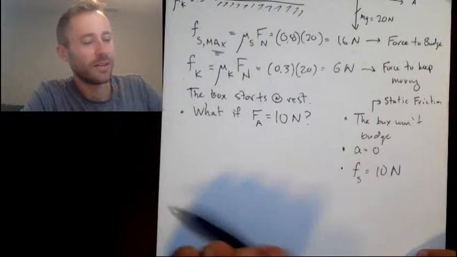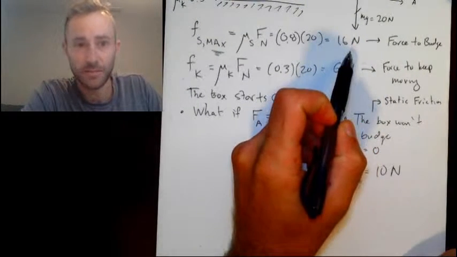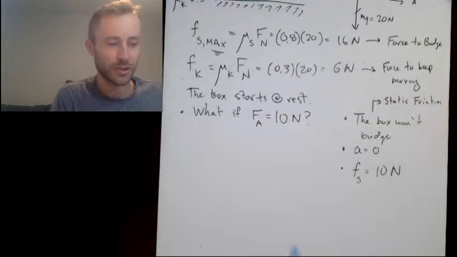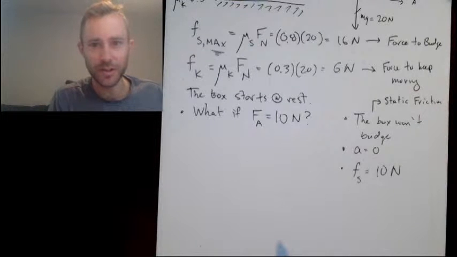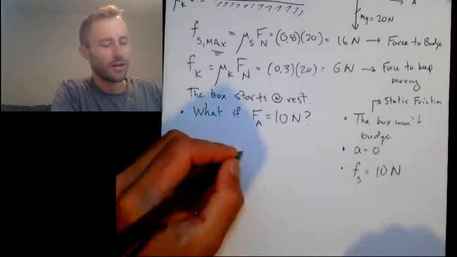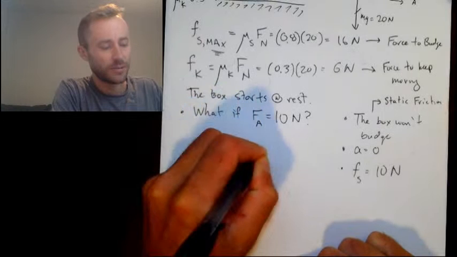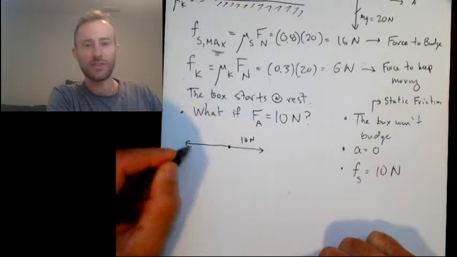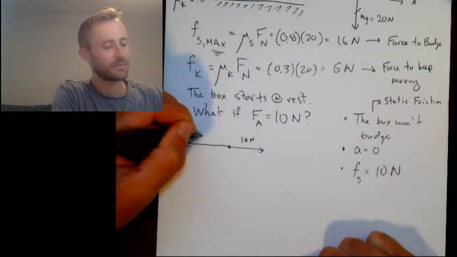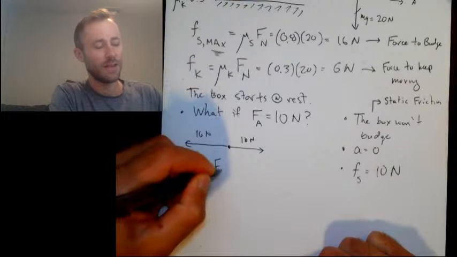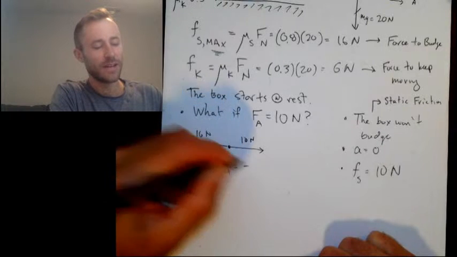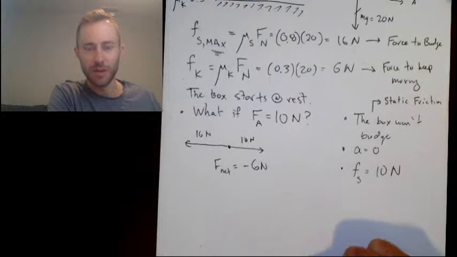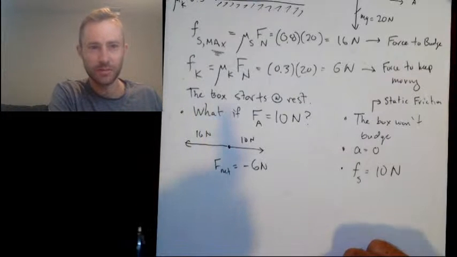The reason that static friction can't be 16, it would be absurd if static friction is 16 newtons in this case. You applied 10 newtons, and what if static friction was 16 newtons? That would mean that there was a net force of -6 newtons, which would mean that the box would accelerate in the opposite direction.